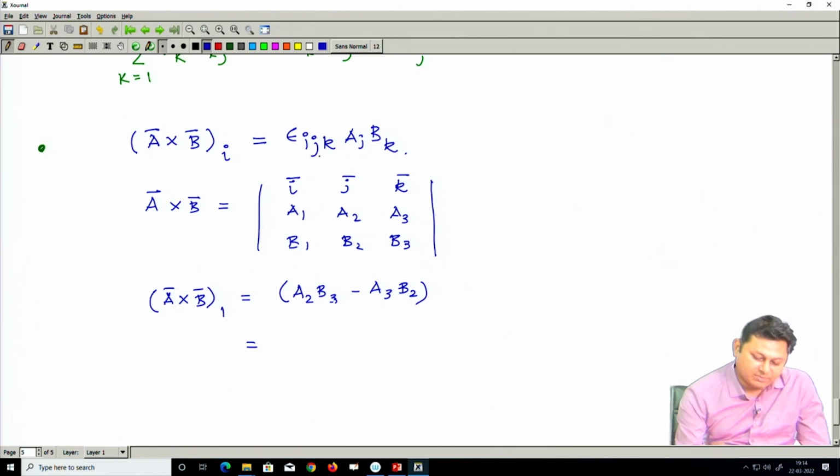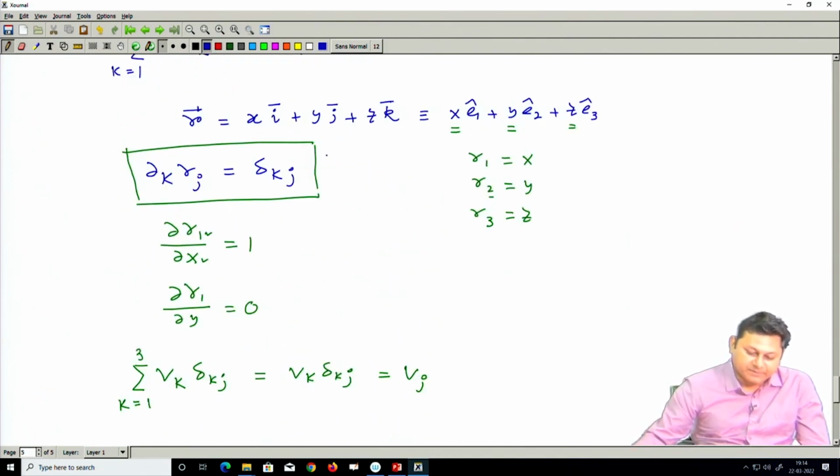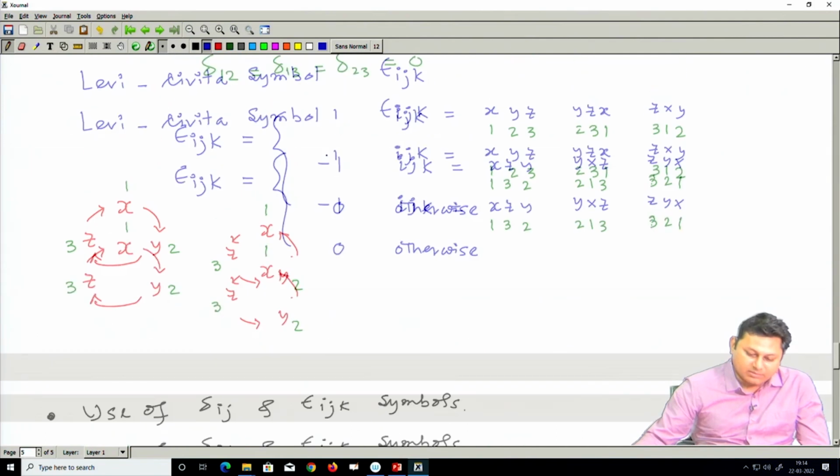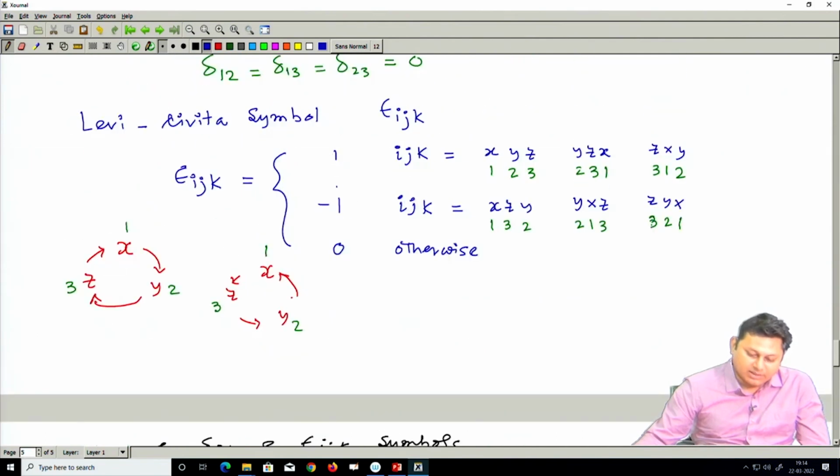So j and k are repeating, meaning you change j and k from 1 to 3 and 1 to 3. But epsilon has this property that not all values are 1; there are some values which are 1, some which are minus 1, and some 0.